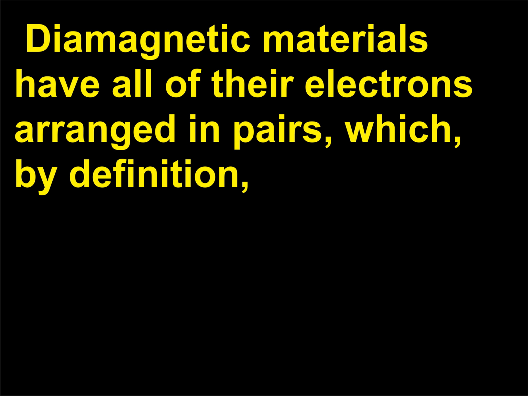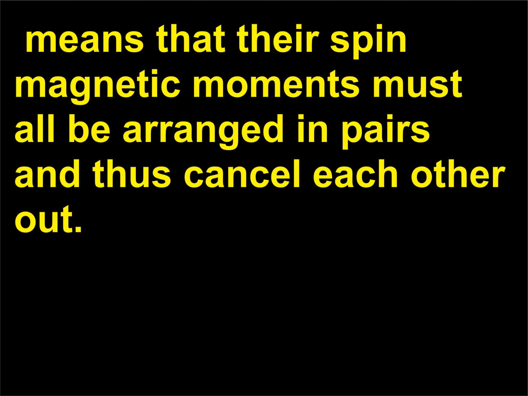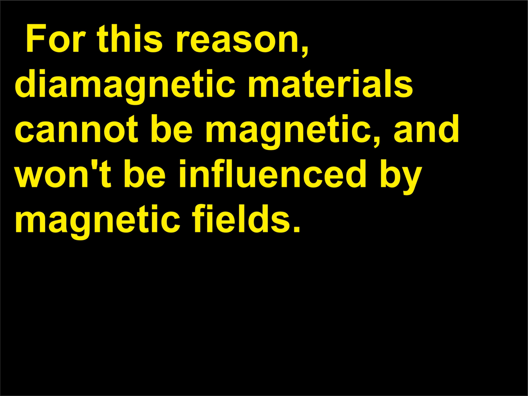Diamagnetic materials have all of their electrons arranged in pairs, which, by definition, means that their spin magnetic moments must all be arranged in pairs and thus cancel each other out. For this reason, diamagnetic materials cannot be magnetic, and won't be influenced by magnetic fields.